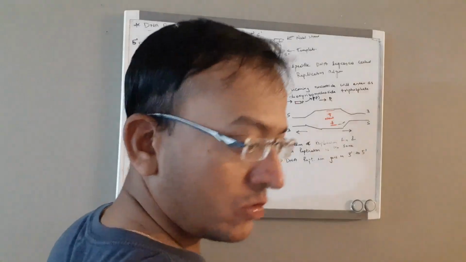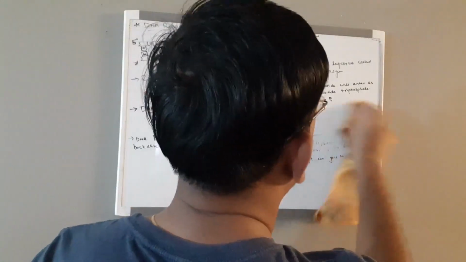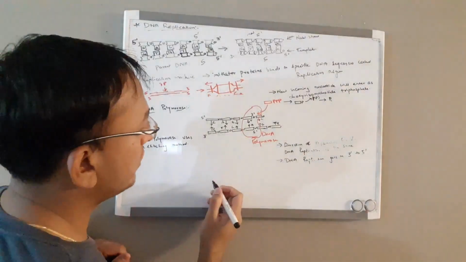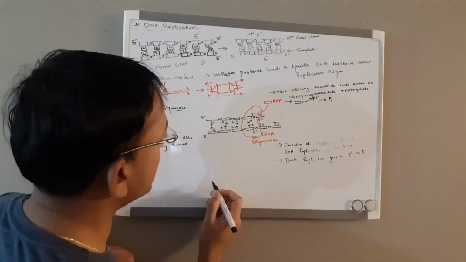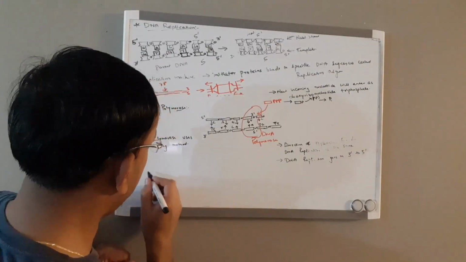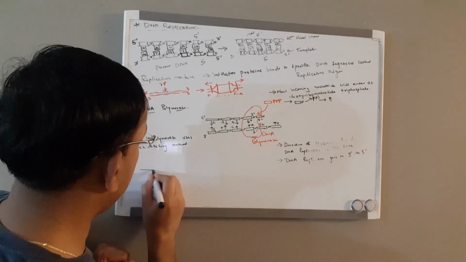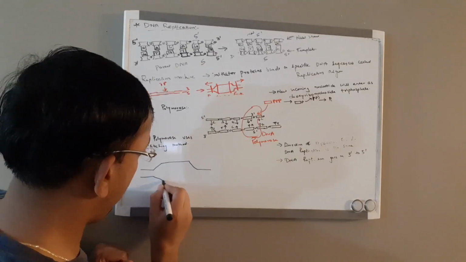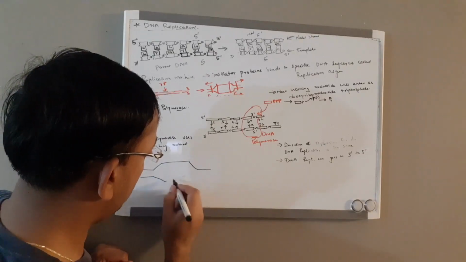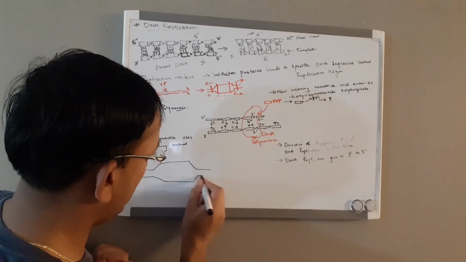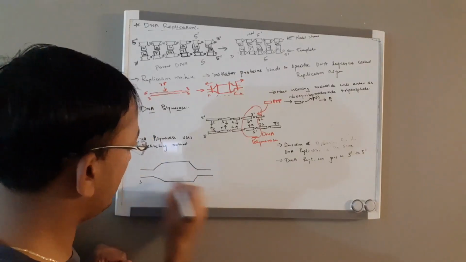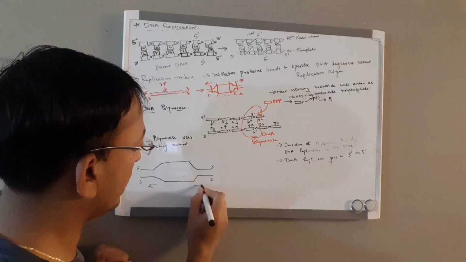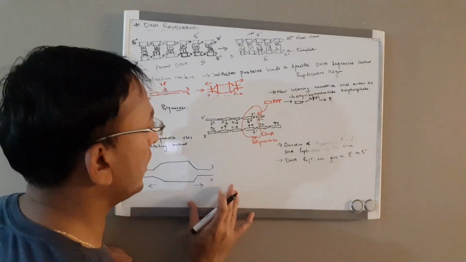I should show you how it does the back stitching method. Okay, let's do it here. All right, so 3, 5, 5, 3. The replication fork goes this way. This goes this way, right?